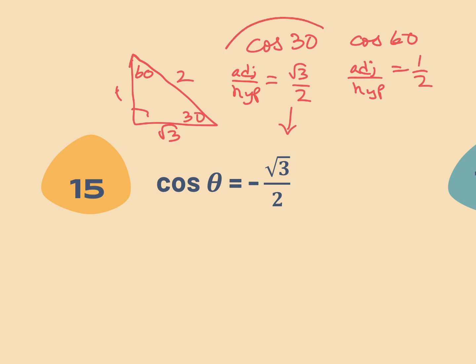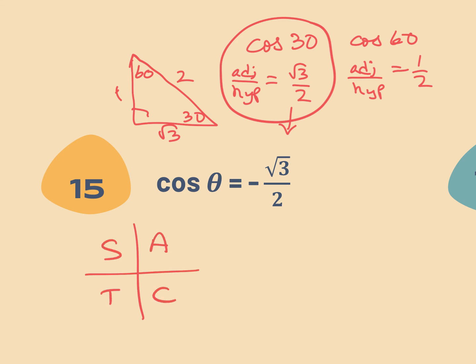So my reference angle is 30. Now, what I need to figure out is where is cosine negative? So all students take calculus. Cosine will be negative right here and right here.